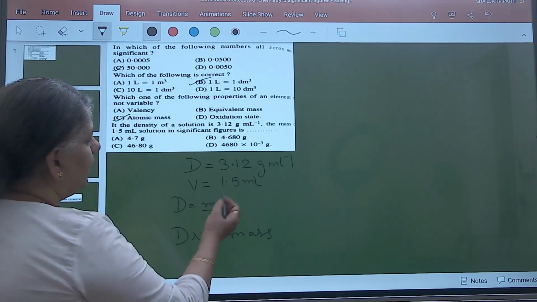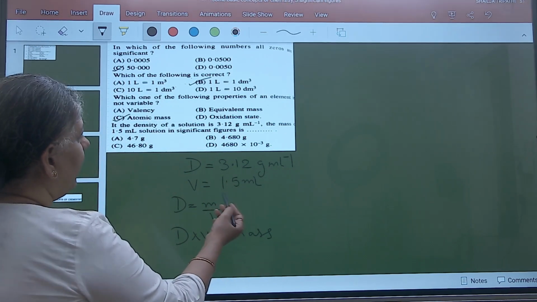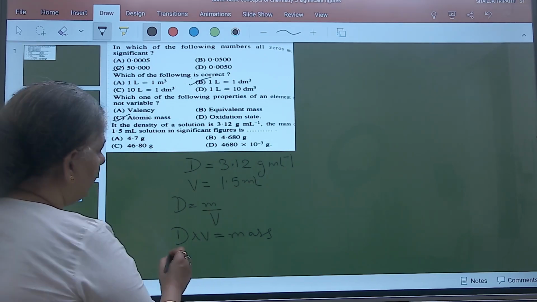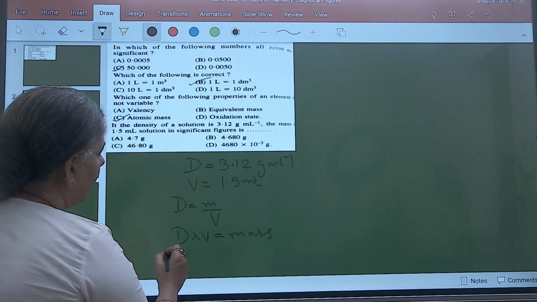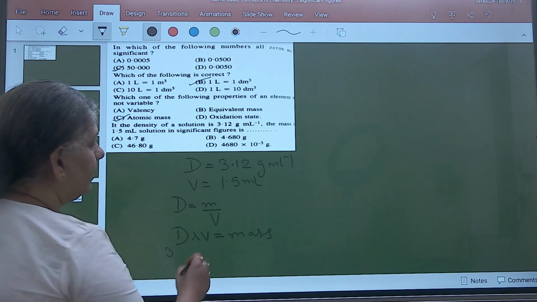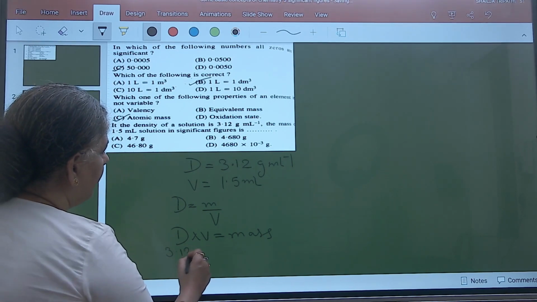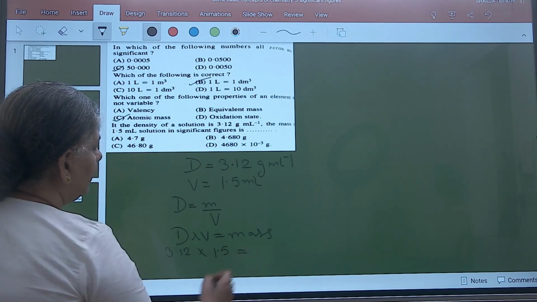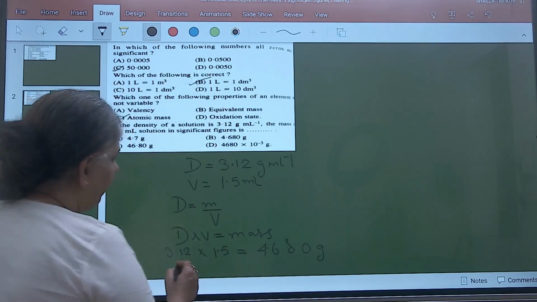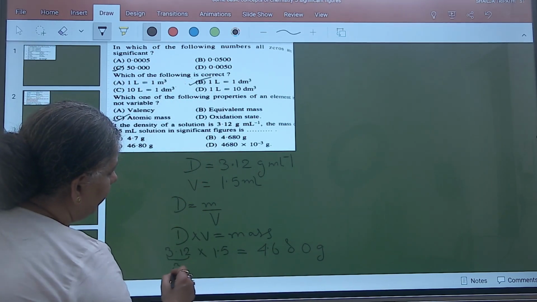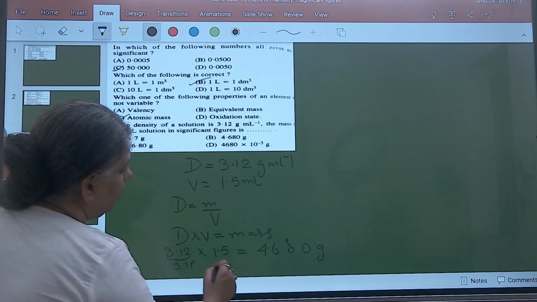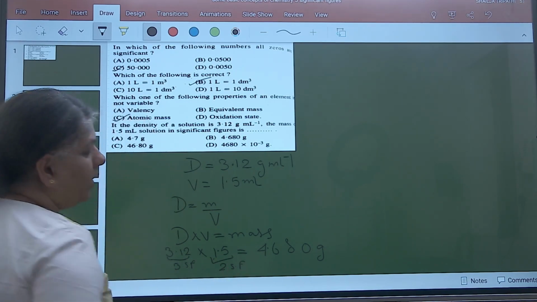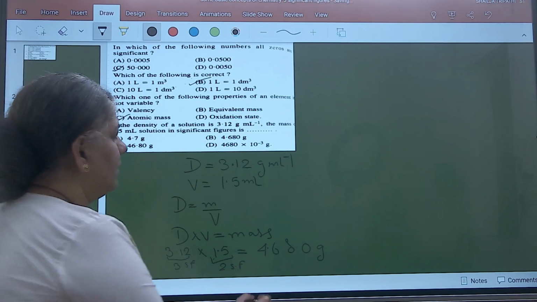So density is given in 3 significant figures and volume in 2 significant figures. So we'll take the least significant, will decide the answer. See, this is 3.12 into 1.5. On multiplying, see here we have 3 significant figures, 2 significant figures. So answer should be reported in 2 significant figures.